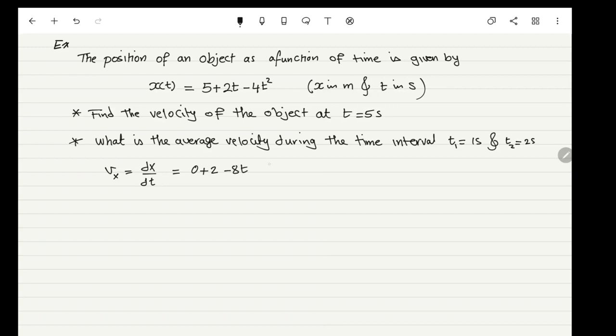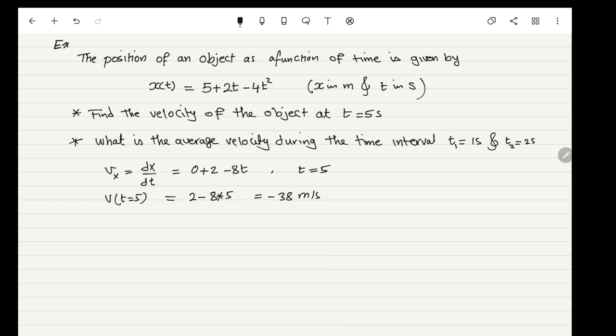Now, when t equal to 5 seconds, you just substitute it back in here. You will get v at t equal to 5 equal to 2 - 8 multiplied by 5, which equal to -38 meters per second.